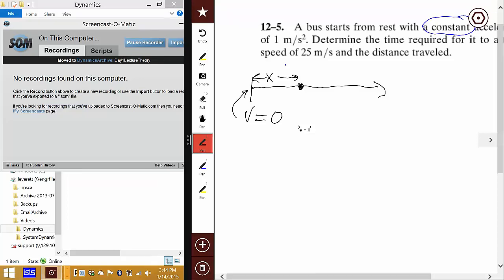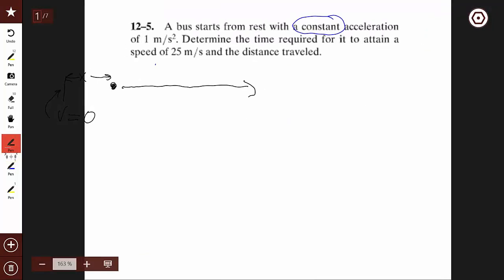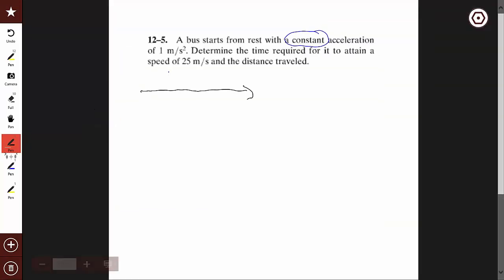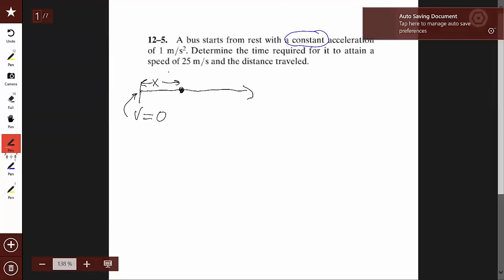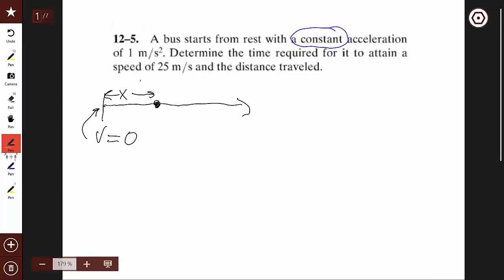Okay, so now I want to count the degrees of freedom. The degree of freedom is the number of motions that are occurring in the problem.